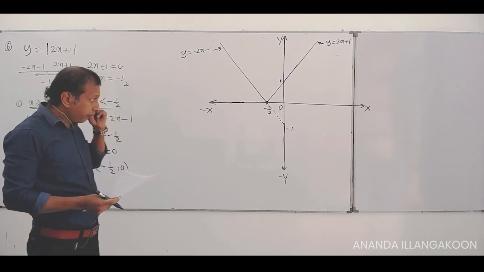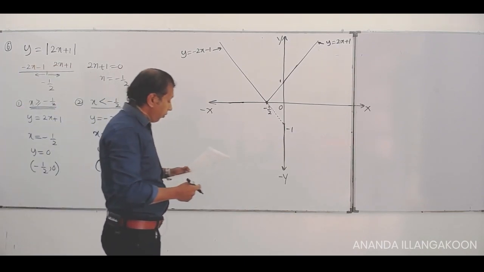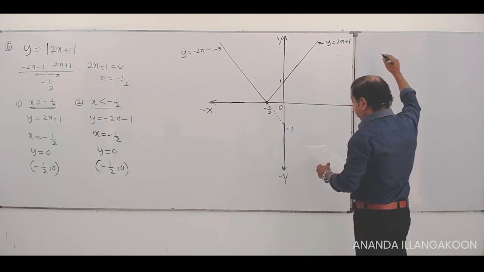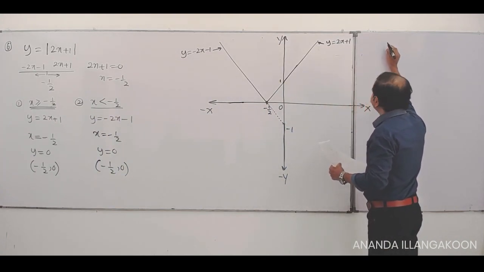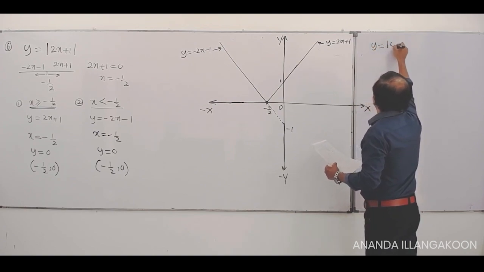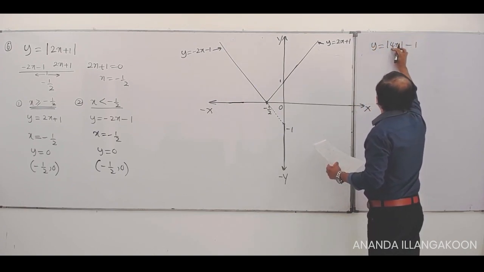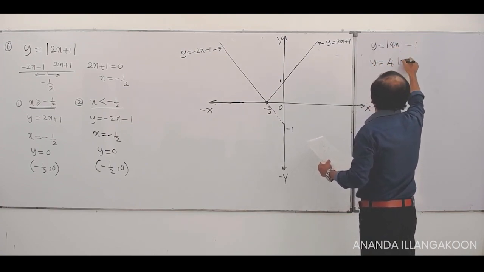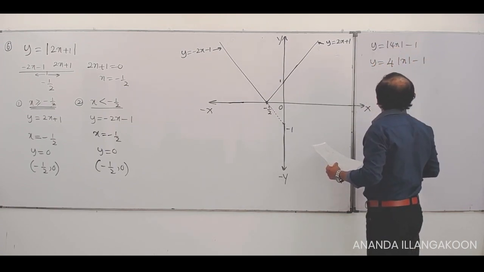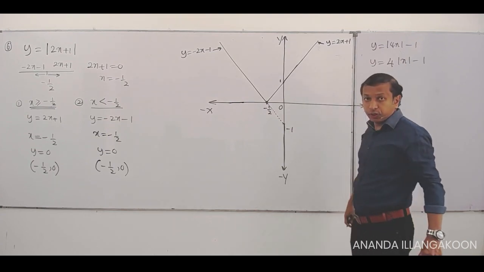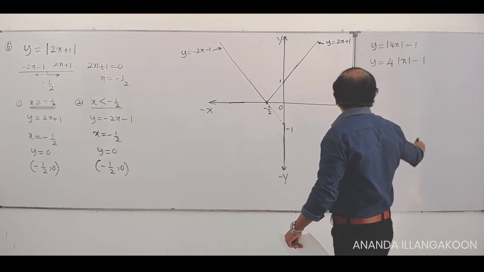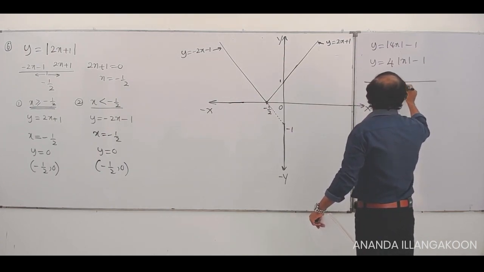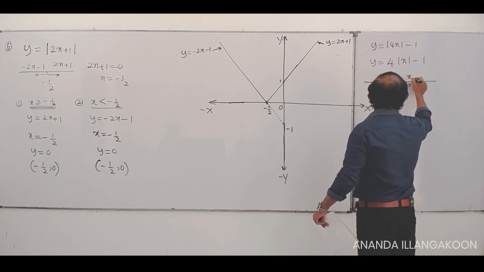Next, the second one is y equals mod 4x minus 1. Here this 4 is a positive value. You can take that out from the mod and write it like this. This mod x changes at 0. On the right of 0, mod x is x.